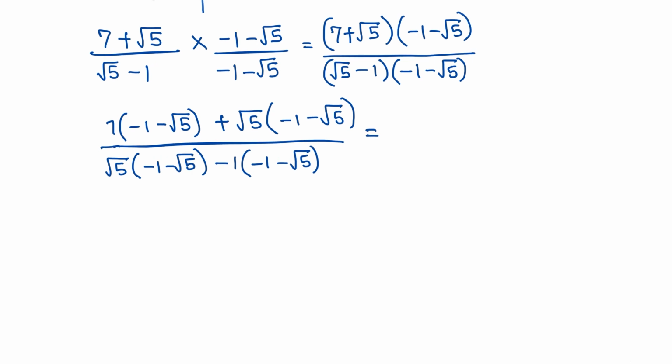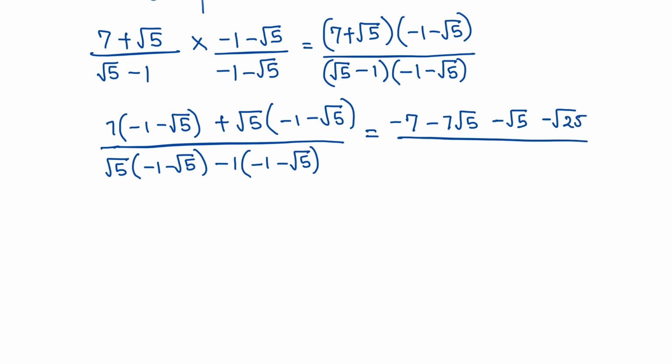So we'll have minus 7 root 5 minus root 5 minus root 25, all over minus root 5 minus root 25 plus 1 plus root 5.